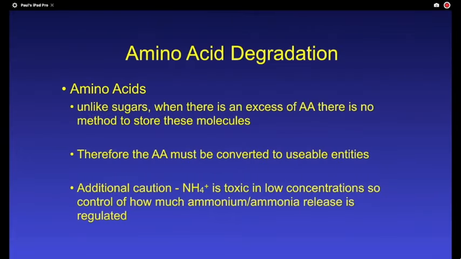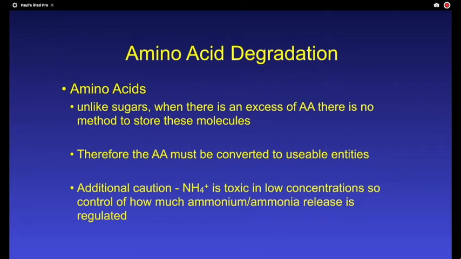The amino acids, unlike sugars or unlike fats, okay, we have no storage molecule or polymer of amino acids. I can put sugars together and make glycogen, and then I can degrade them and have glucose back. I can take fats and compartmentalize them, send them to adipose tissue, put them right into fat cells if I wanted.